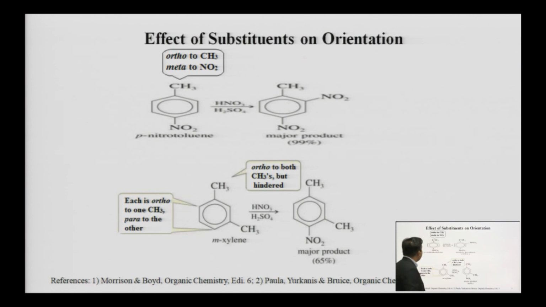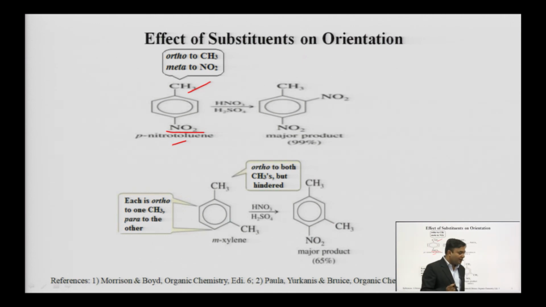Again, you can see the example of para-nitrotoluene, meaning benzene having two groups, one is a methyl group and one is a nitro group. Now you know that the methyl group is an activating group. It will increase the electron density on the benzene ring. It will activate the benzene ring towards the electrophilic substitution reaction by donating electrons by the inductive mechanism.